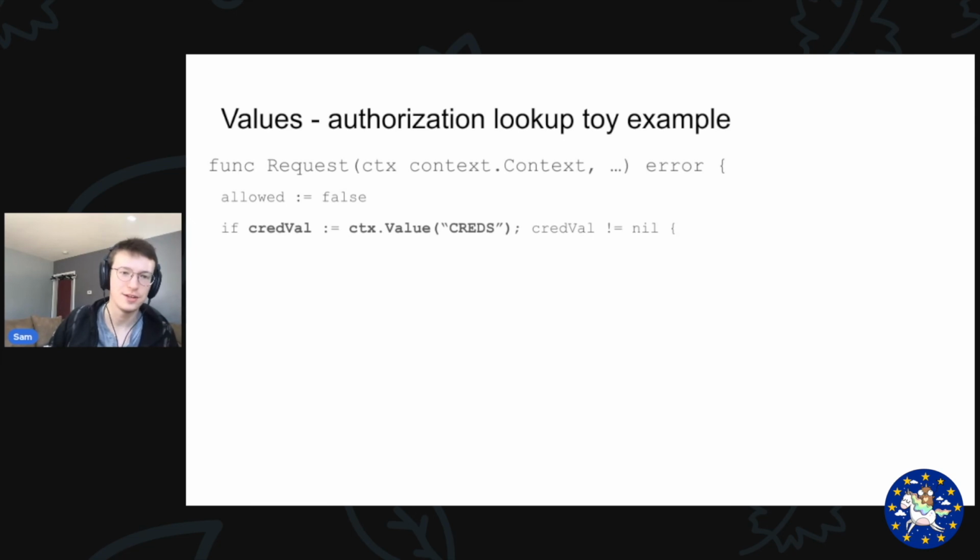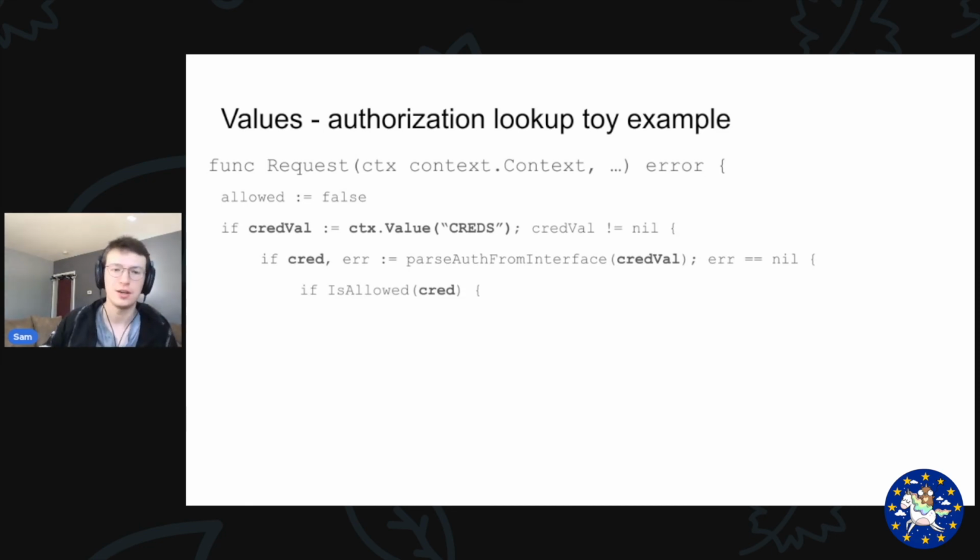If creds is not nil, as in there's some sort of data there, then we can call some helper called parse auth from interface. Again, this is a toy example. These helpers don't really exist. If that succeeds, then we can do some allow list checking or something on that credential. And if all of that succeeds, then we set allowed to true. And then maybe at the end, if allowed was set to false, then we return a 403.